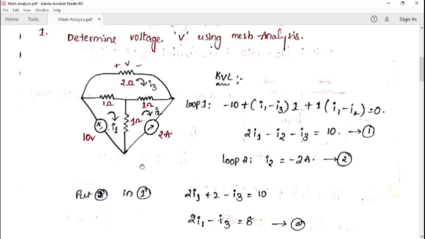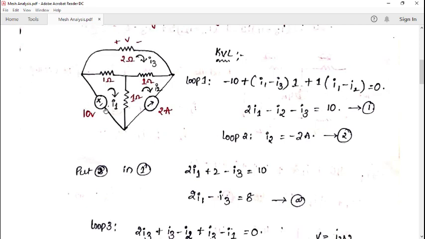Let us write loop equation for loop 1. So starting from negative terminal of battery, minus 10 volt. The current flowing through this is I1 minus I3 into 1 ohm, and current flowing through this branch I1 minus I2 into 1 ohm, that equal to 0.